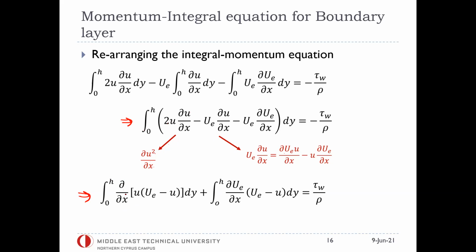The first is the integration of d/dx of u(U_H minus u) dy, which needs to be taken now. The second is related more to the variation of U_H with x. Both must be integrated with respect to y. Our integration variable is y.